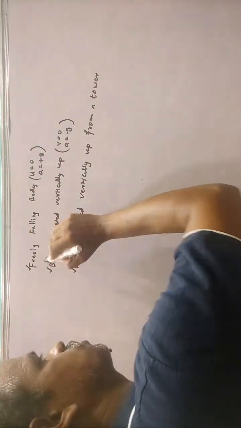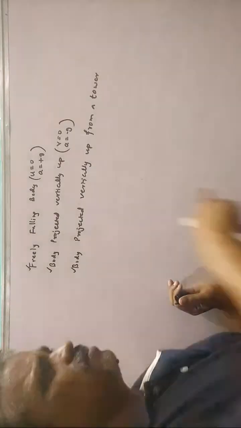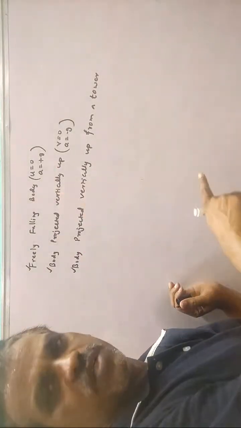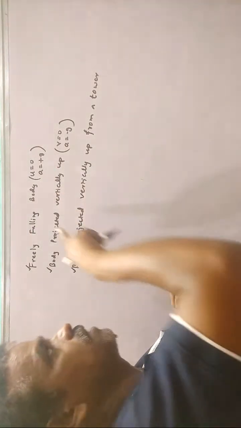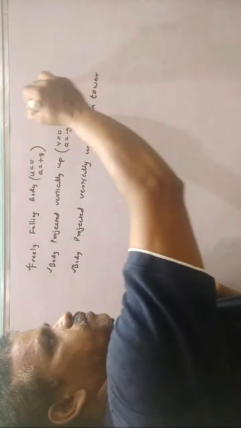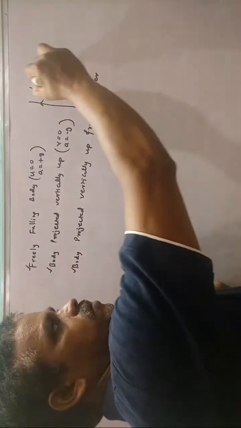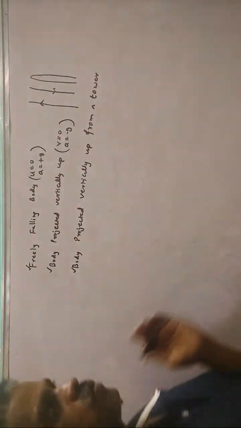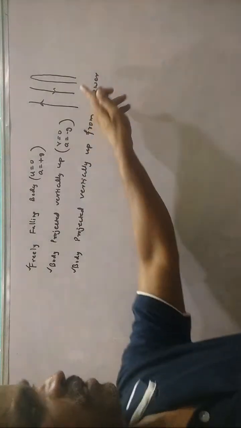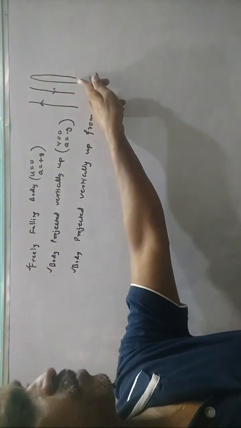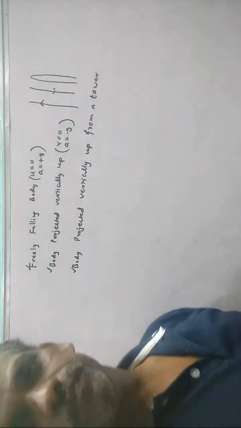So I discussed up to now these are all almost one-dimensional motion. Either it is going up, or it is coming down, or it is going up and coming down. So these motions we discussed. This is the freely falling body, this is vertical up, this is projected from a tower.